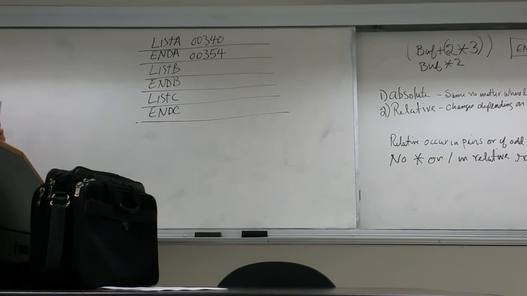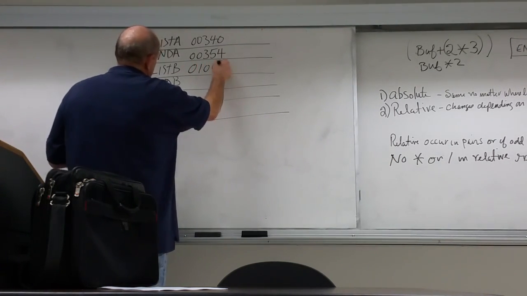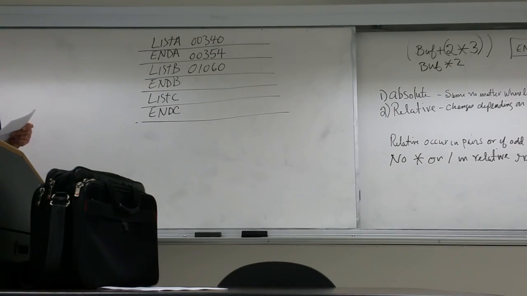Program B loads at 1,000. Not 1,000, but it's hex. Okay, so list B had address 60. So list B gets 1060. Are we good?